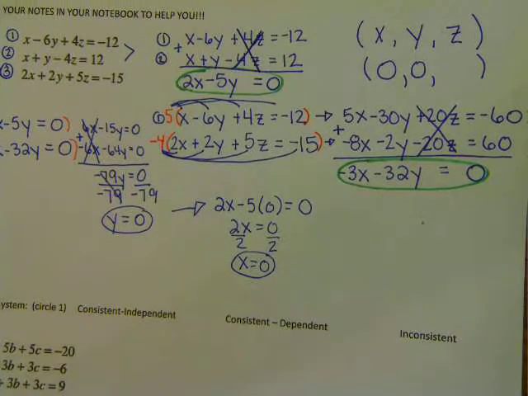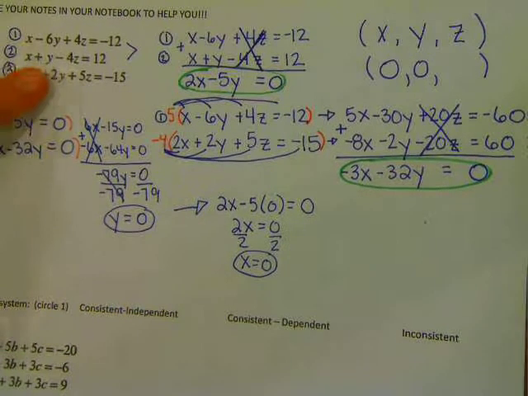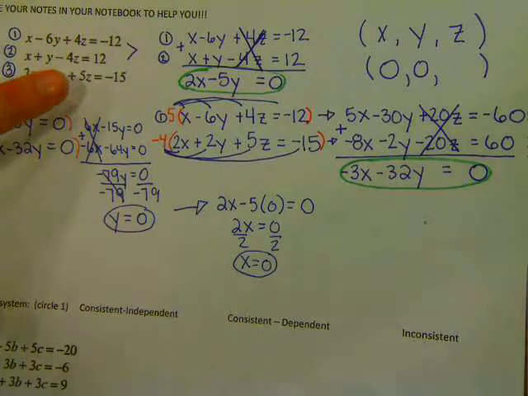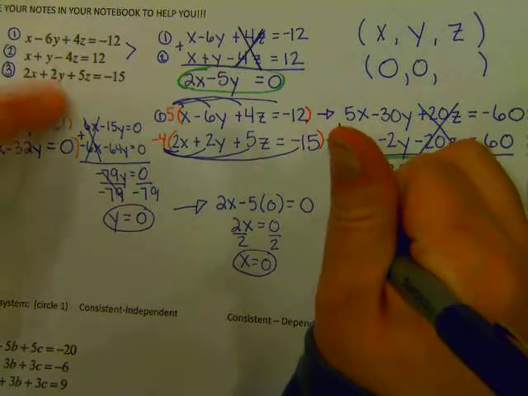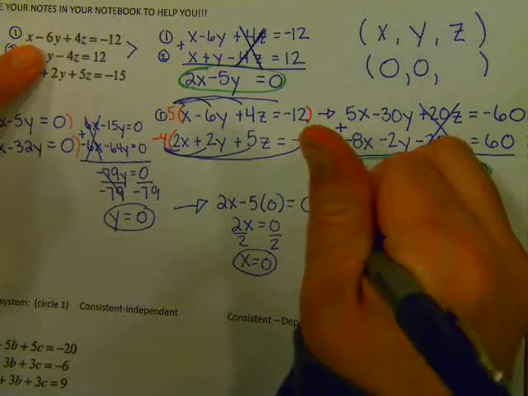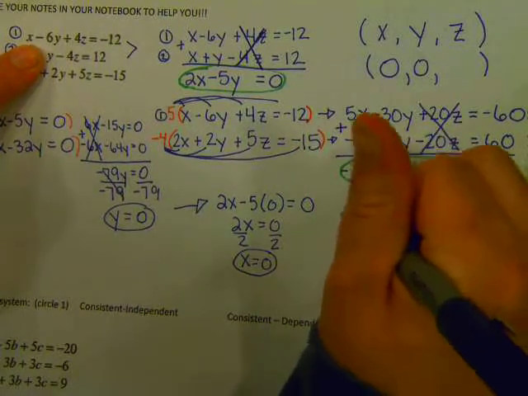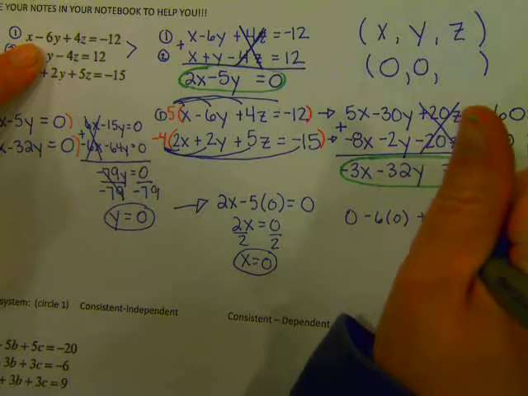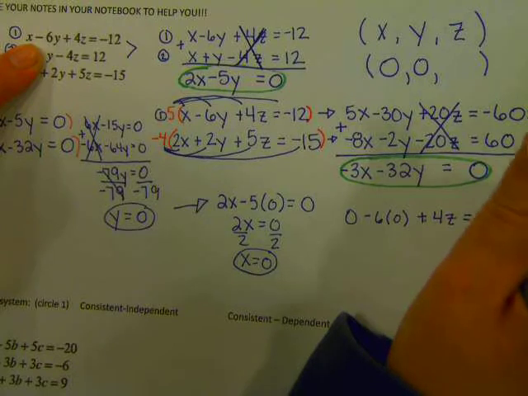So if we take a look then here, plug in. Now we have a y, we have an x, we need the z. That's where you go back to your original 3 equations over here and pick any one of those, plug these 2 numbers in, substitute them in, and solve for the z. So my last step, I'm going to substitute, I'm just going to go into the first equation. So 0 for x minus 6 times 0 for the y plus 4z equals negative 12.